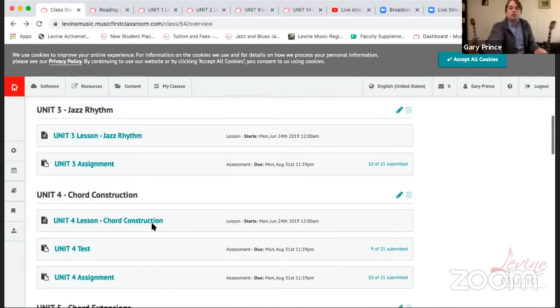From there, we talk a little bit about jazz rhythm. Again, something that is often missing from jazz theory courses, jazz theory books. The idiomatic use of rhythm is absolutely a critical element of jazz.